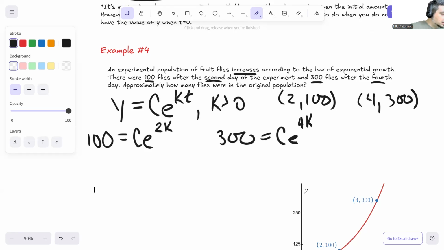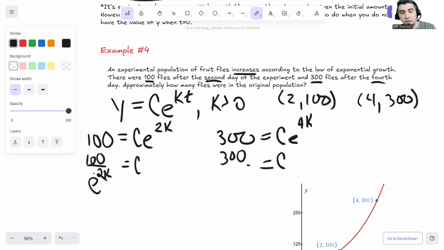All right. So in both of these situations, we could solve for either k or c and then set them equal to each other. So for example, if I solve for c, you would have 100 over e to the 2k, and this one would be c equals 300 over e to the 4k.